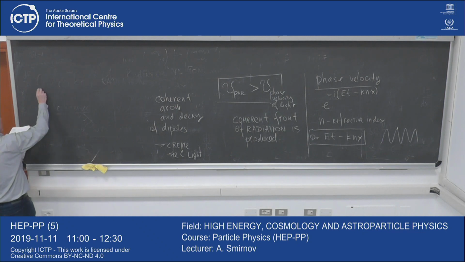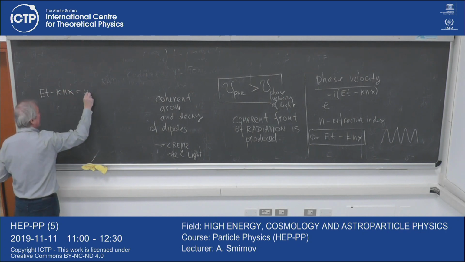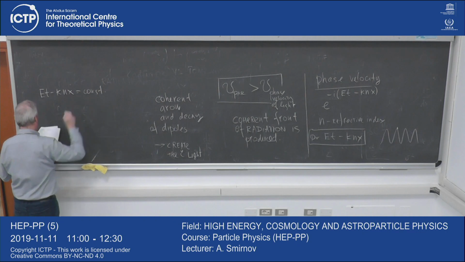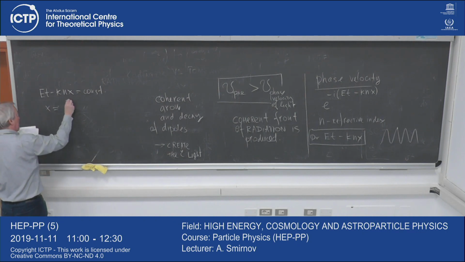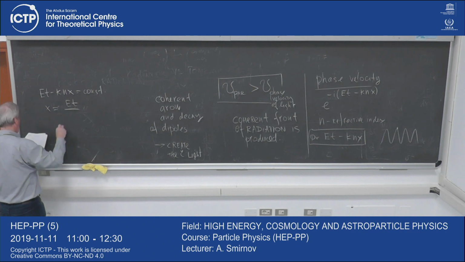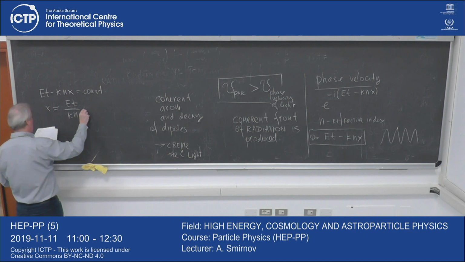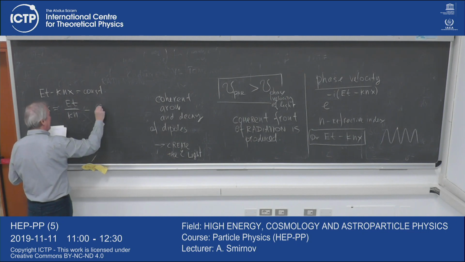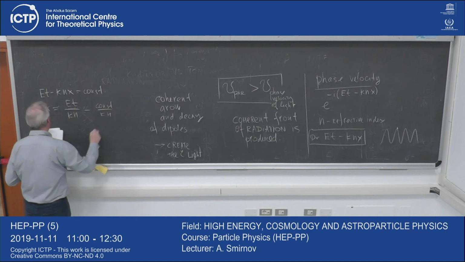The equation for equal phase is given by E t minus k n x equals constant. And from here we obtain that x equals E t over k n minus this constant over k n.